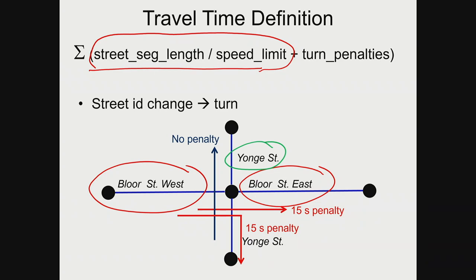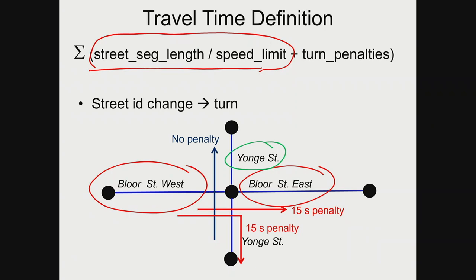Yeah, so even when Bloor Street West and Bloor Street East are on a straight line, we still take the penalty? Yeah, so basically if you change the street ID, which doesn't happen very often, it tends to happen, well, like Bloor Street West to Bloor Street East. You're crossing a major street, the street ID changes. Essentially, we're assuming there's a traffic light there. We're also just making things easier.